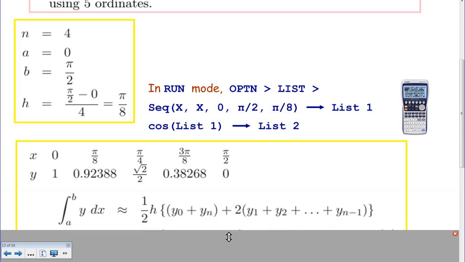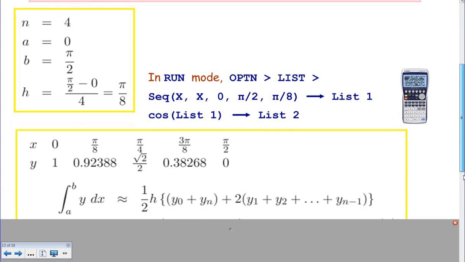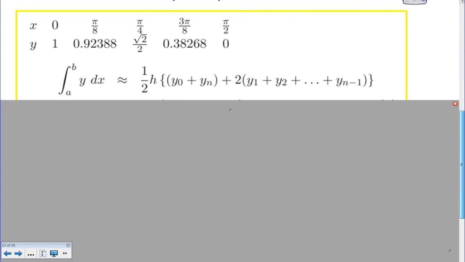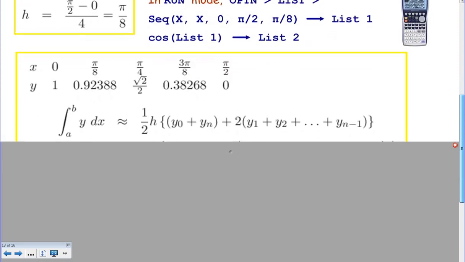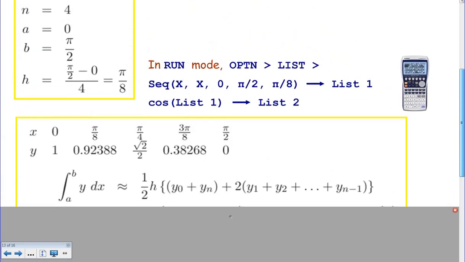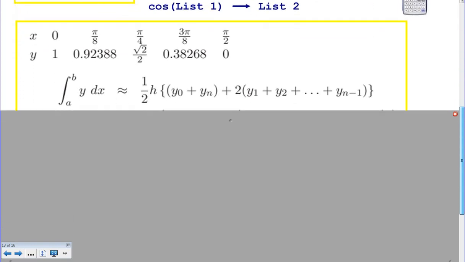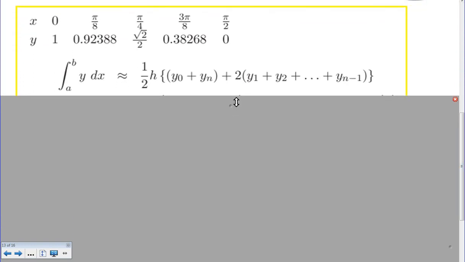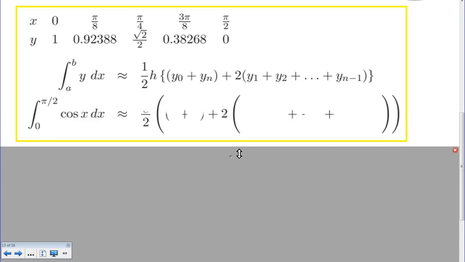Okay, so we now quote the formula. We've got all the information. We've got our n is 4, we've got h is pi over 8, and we've got our y values. So we write that down, putting the right numbers into place.